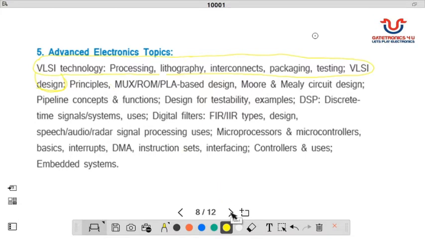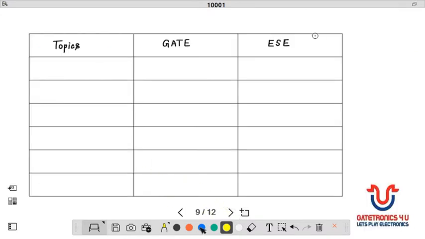So let us compare the syllabus of GATE and IES. So first, if we compare, there are semiconductors, first topic. Second topic is the PN junction diode, PN diode.